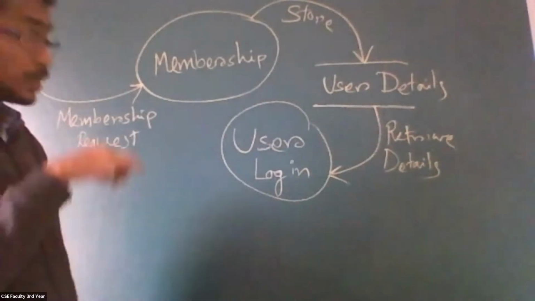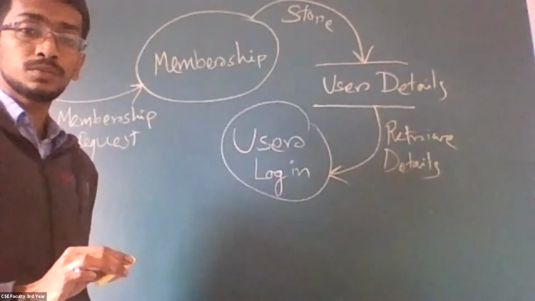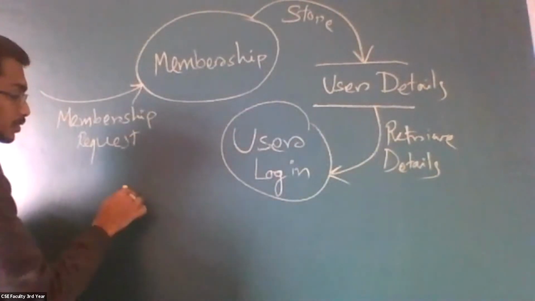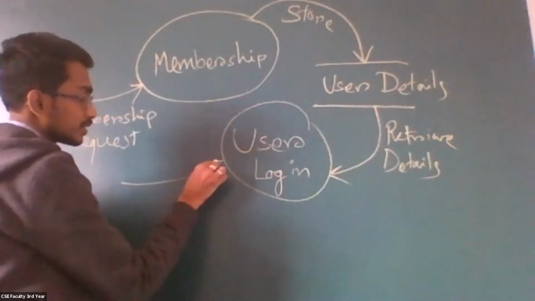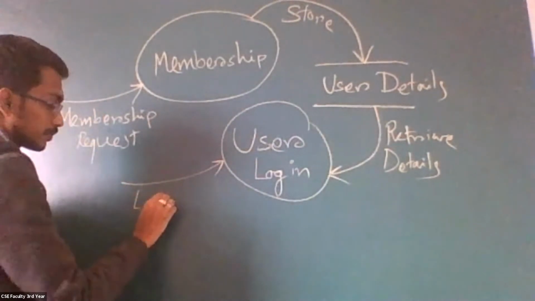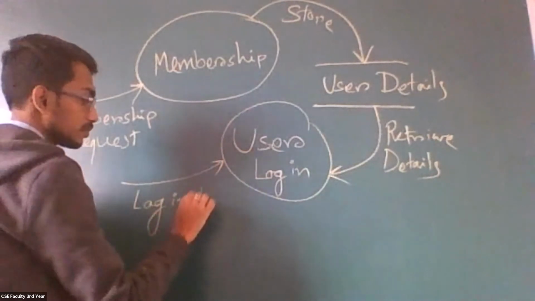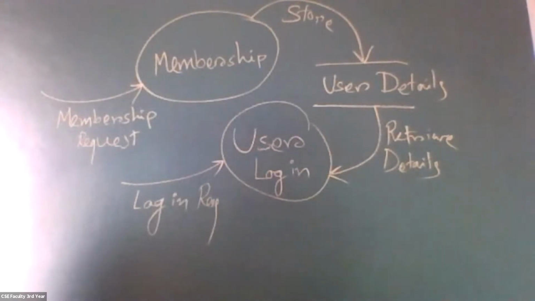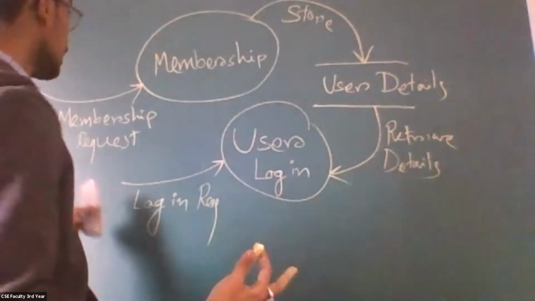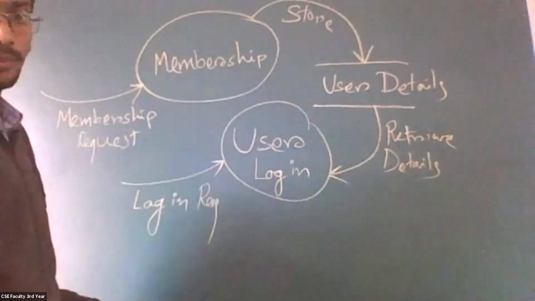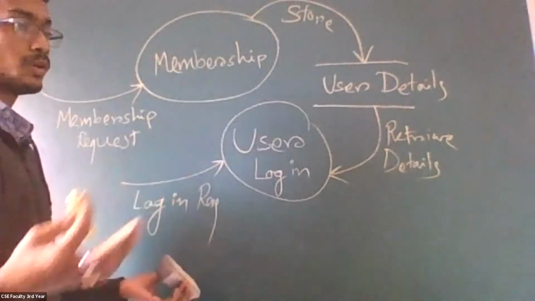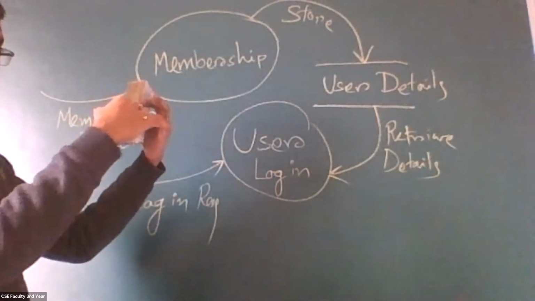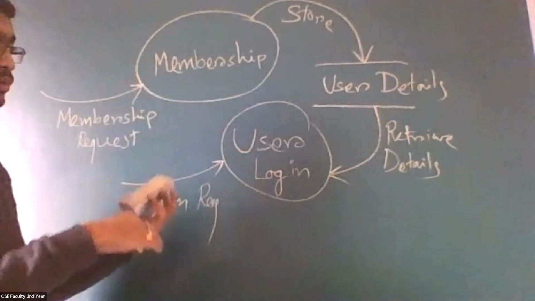Now, for login, the user has to request for login, right? So we can mention it here: login request. Or simply we can design a portal something like that in the membership point. We have seen in many websites that there is a membership form, and below the membership form there is a login form, right?